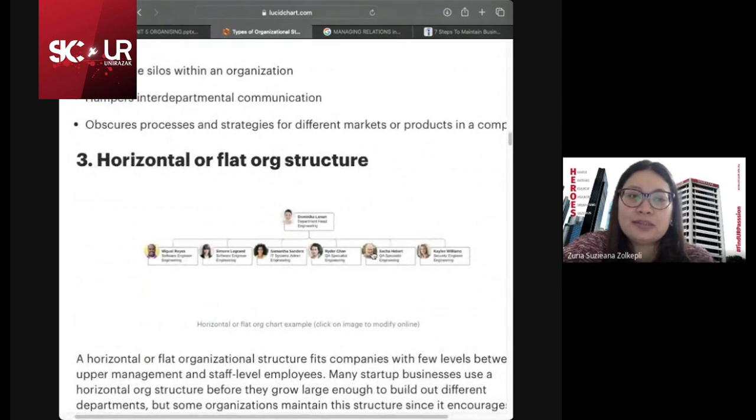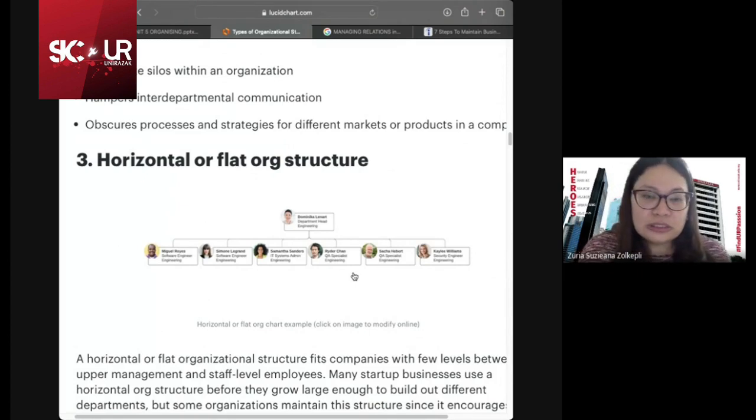So next we have horizontal or flat. This is flat, okay, flat compared to just now. It's very hierarchical, right? And flat organization. So this is where there is a wide span of control. You can see that one person is handling a lot of employees under his or her supervision.